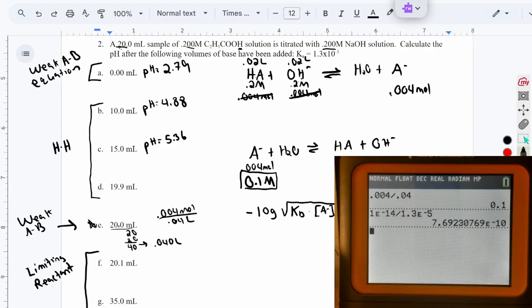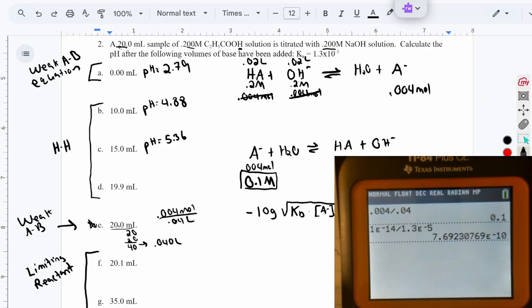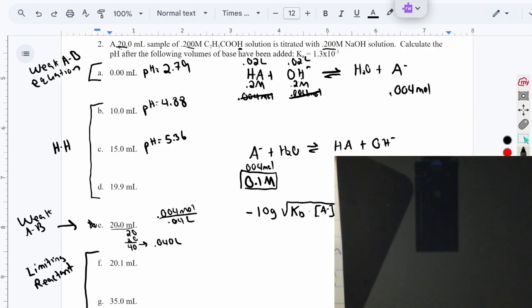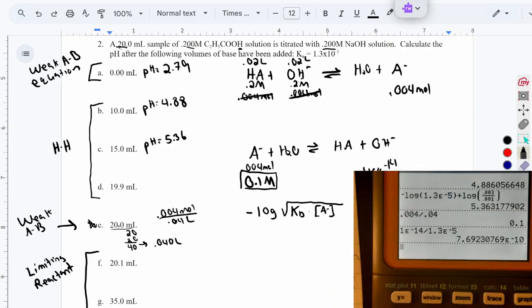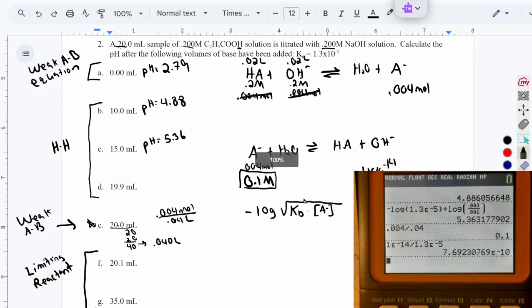I think I did that wrong. Nope. Never mind. That's our number. Man, I remember it being something different just a second ago. Nope, I double checked it. That is our Kb right there. 7.69 times 10 to the negative 10.